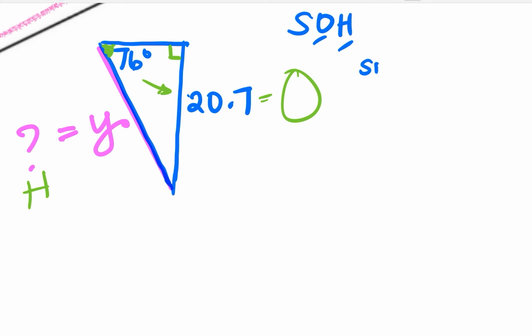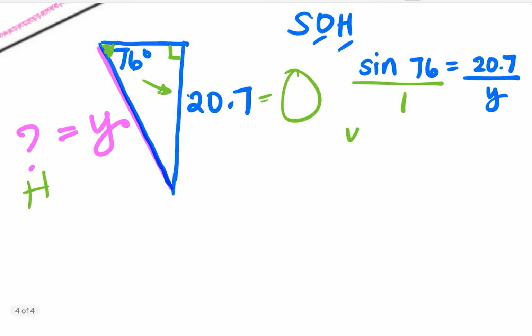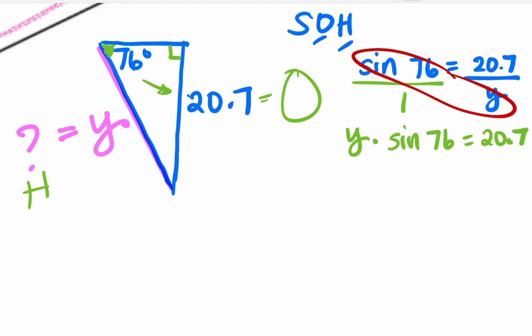We've got opposite, we've got hypotenuse. So sine 76 equals the opposite, 20.7, over the hypotenuse, which is unknown. I name it with y. Cross multiply. So I'll have y times sine 76 equals 20.7, because 20.7 times 1 is 20.7.